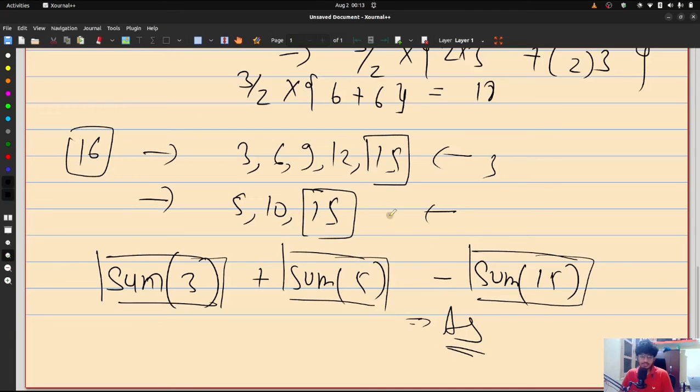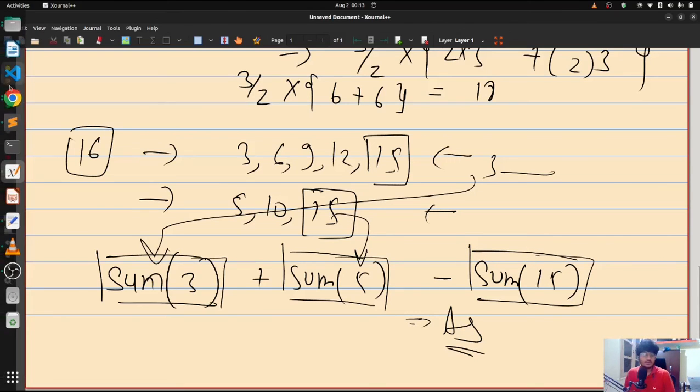Why are we subtracting? Because 15 is coming two times. Once we are calculating 15 in 3 and once in 5. So to avoid the double calculation of 15, or the double counting of 3 and 5 together, we are simply subtracting the sum of 15.